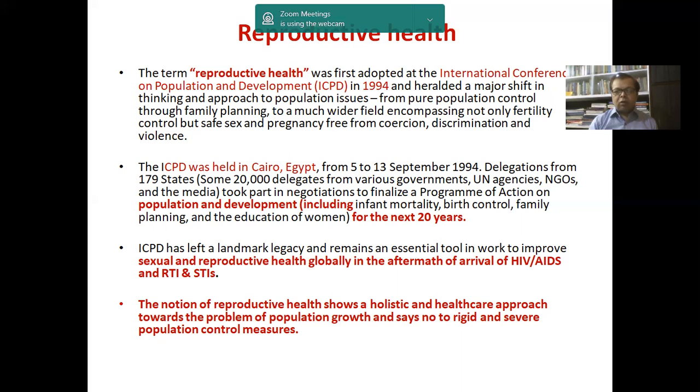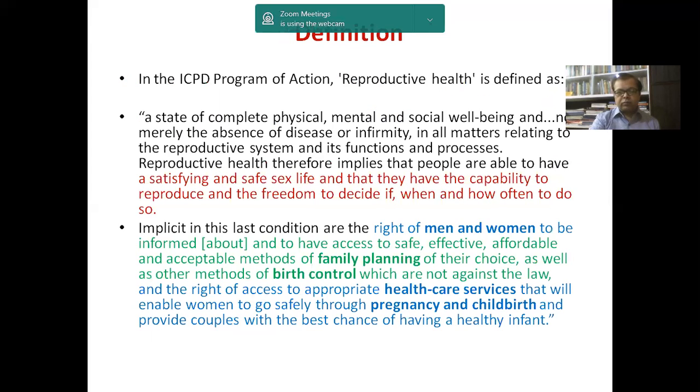And so this conference on population and development is becoming very important, because it has redefined the whole strategy, the whole conceptualization. In the ICPD program of action, reproductive health is defined. So this is the most comprehensive and authentic definition of reproductive health as proposed during the ICPD conference.